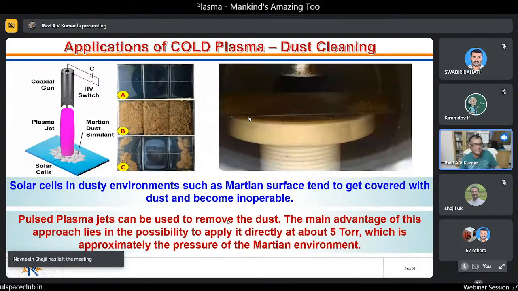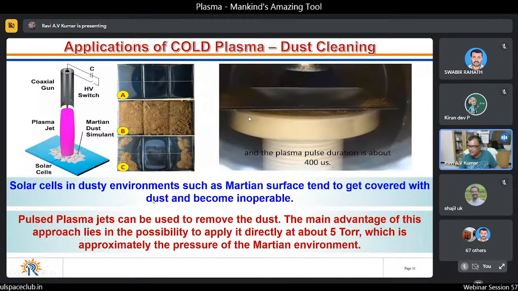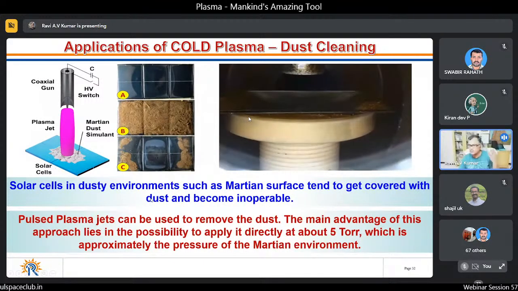So this is one technique that scientists plan to use in future Mars programs, so that they can keep their detectors and surfaces optically clean. And the main advantage is that it can be directly applied because the Martian atmospheric pressure is about 5 torr, so they don't need any vacuum or anything. Directly apply the voltage, create the plasma pulse that will clear the surface.